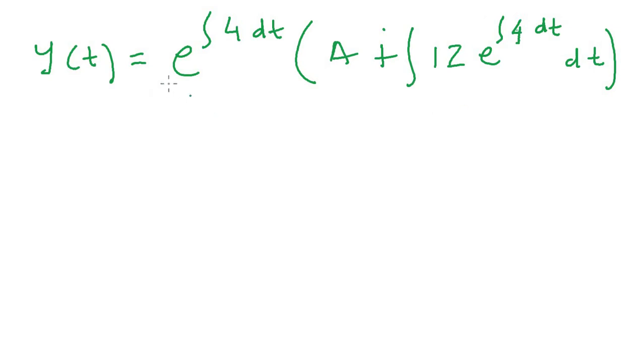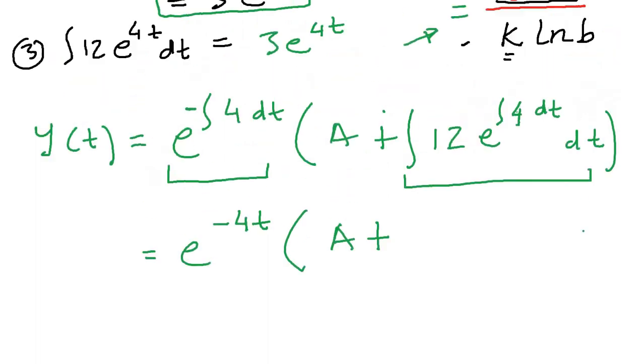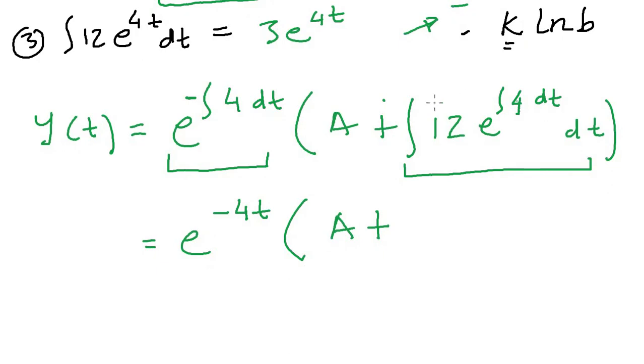You just found out that this part, there is a minus here, I forgot the minus, so this part is e to the power minus 4t, a is a, and you just found out that this entire part is equal to, as you just saw, 3 e to the power 4t.